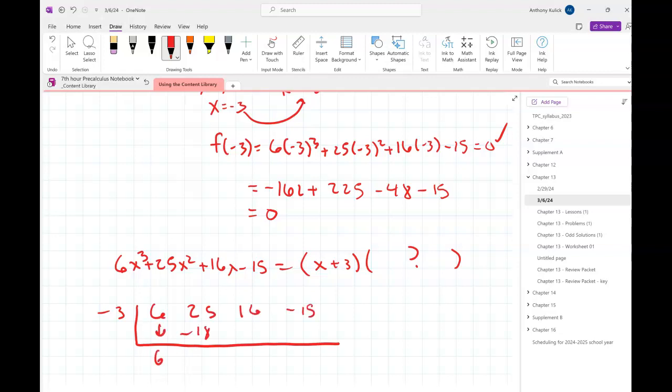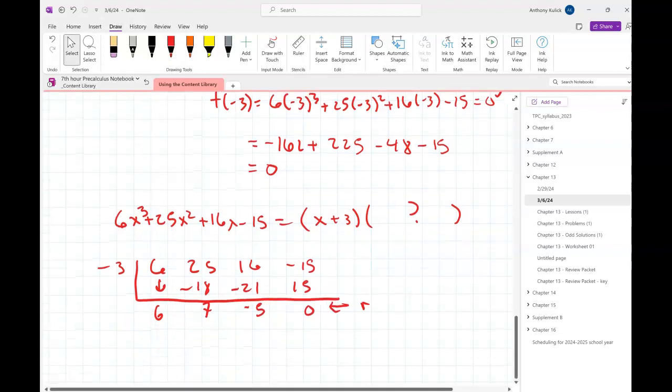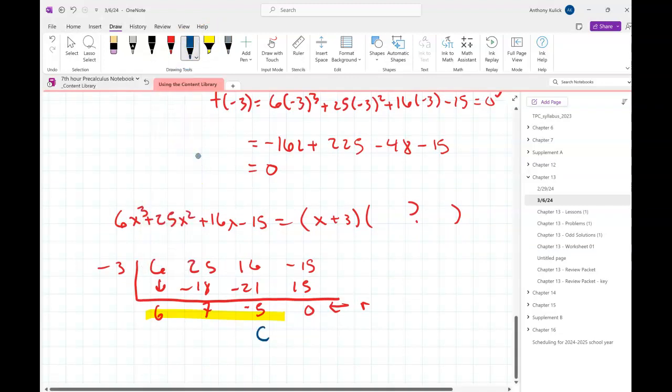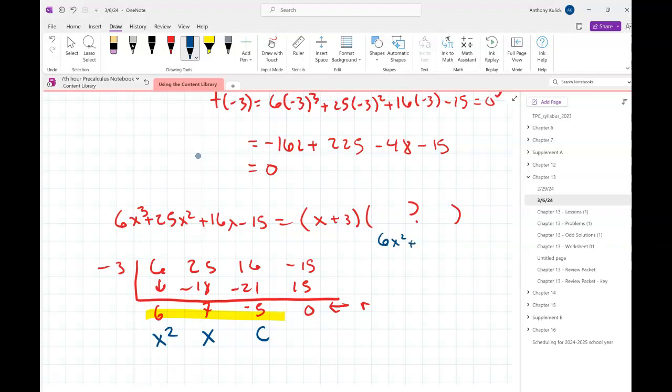Now the process is a little bit more time consuming. There's my 0 remainder. But what it tells me then is these numbers right here tell me that negative 5 is the constant, 7 is the x coefficient, and 6 is the x squared coefficient. That accomplishes both, right? It tells me that thing is a factor, and it tells me how to do that initial factoring.